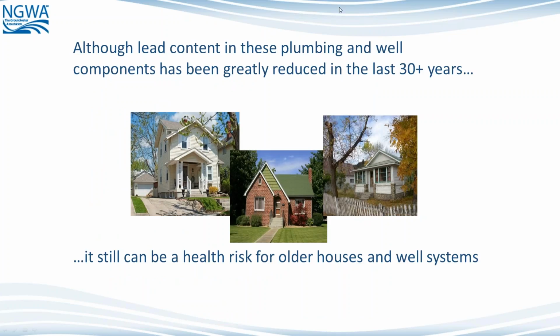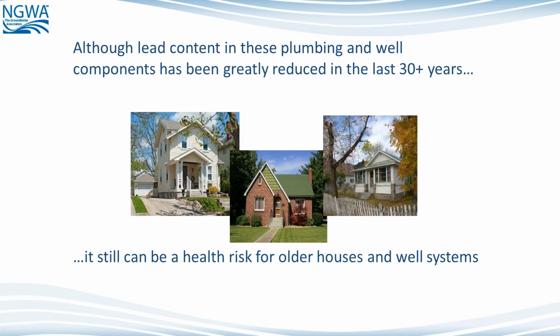Because of regulations associated with such things as the production of brass fittings and the production of solder, in the last 30 years or so the concentration of lead in these materials has gone way down. So that's tended to reduce the exposure of humans to lead in our drinking water.